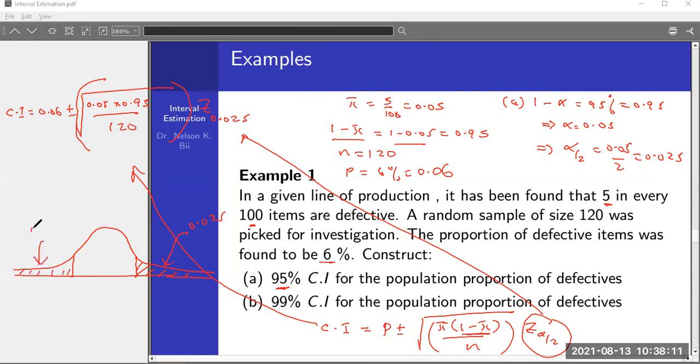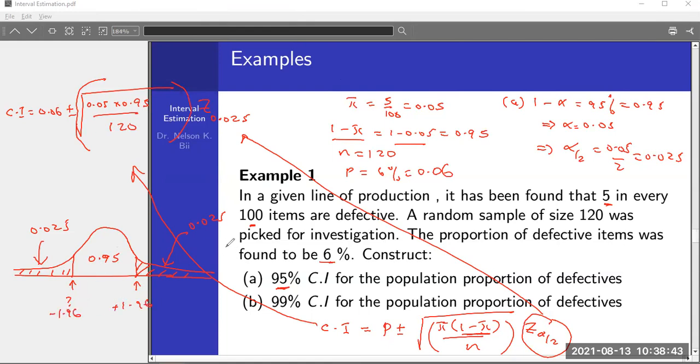What is the value of Z here? Because this is 0.95, the unshaded region. So what value of Z corresponds to a probability of 0.025? 1.96. Yes, correct. 1.96 or negative 1.96.